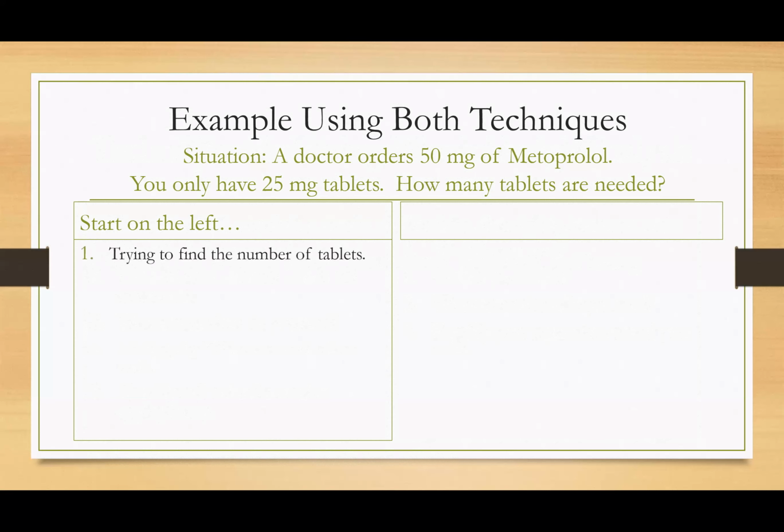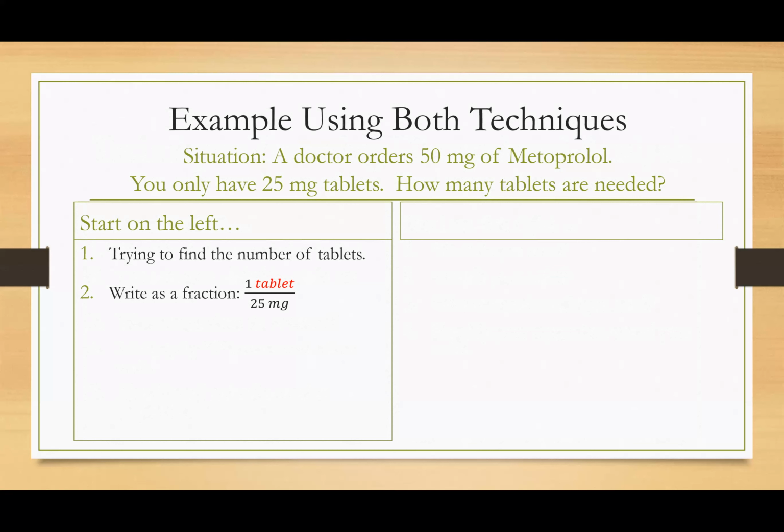So what we know is that one tablet is equivalent to 25 milligrams. And so that's a fraction that actually represents a quantity of one, let's say, because one tablet is equal to 25 milligrams. And remember, tablet is what we're trying to find. So that is in the numerator.